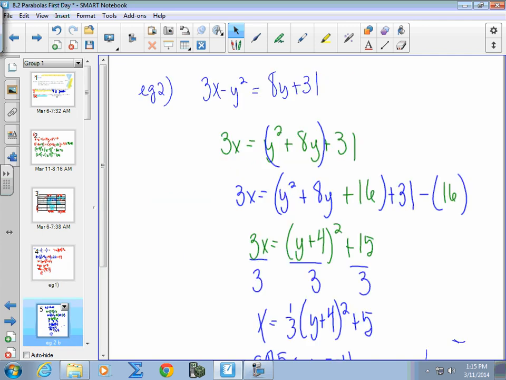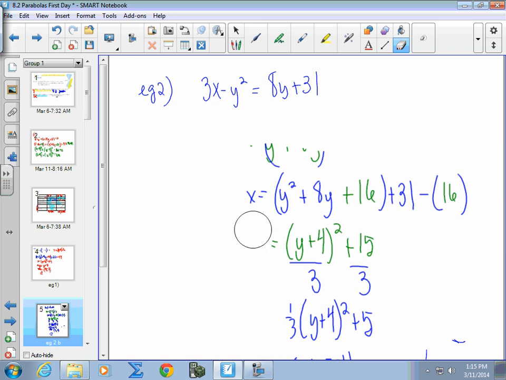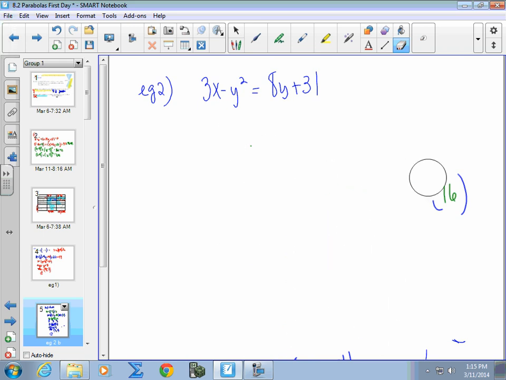Our next example is a little bit trickier. Notice here I have one squared term. Parabolas only have one squared term, so if it has one squared term, you know it's a parabola. We want to get the squared term and any of the other variables that are the same on the same side of the equation, and the variable that is by itself on the other side of the equation by itself.